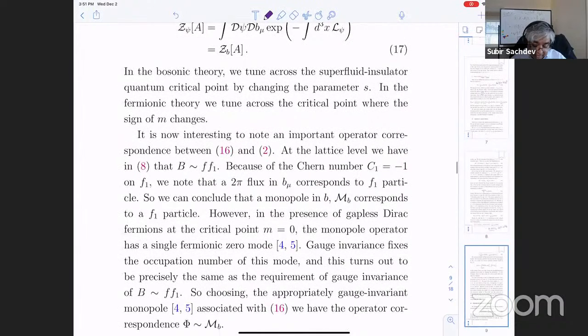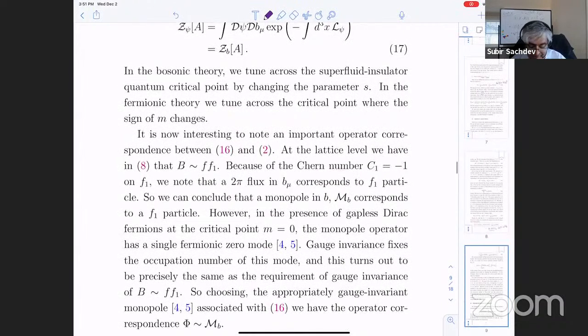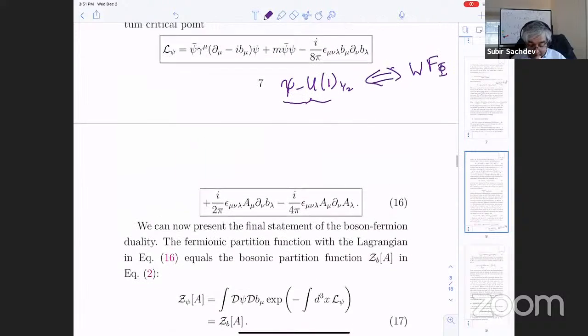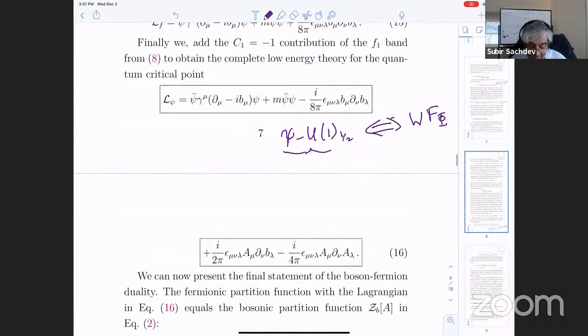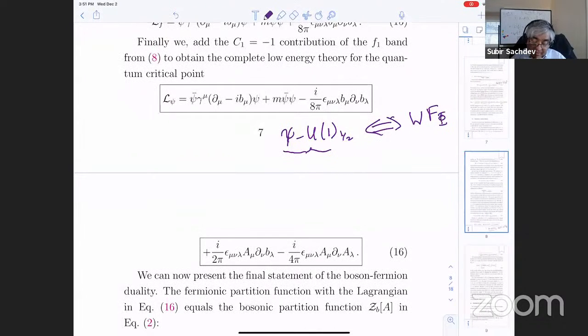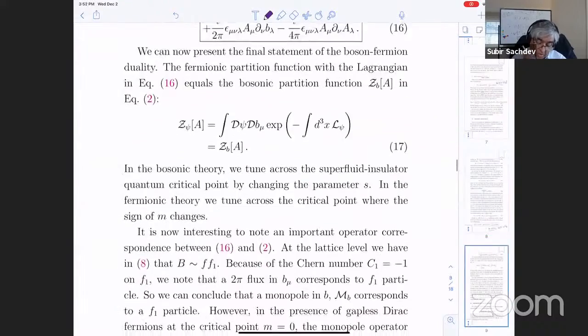You can ask now, what about the operator correspondence? That's a little subtle, and I certainly don't have time to go into it. For the Dasgupta-Halpern duality, the boson on one side was the monopole on the other side. And similarly here, it's almost exactly the same thing. The boson in one theory is the monopole in this theory.